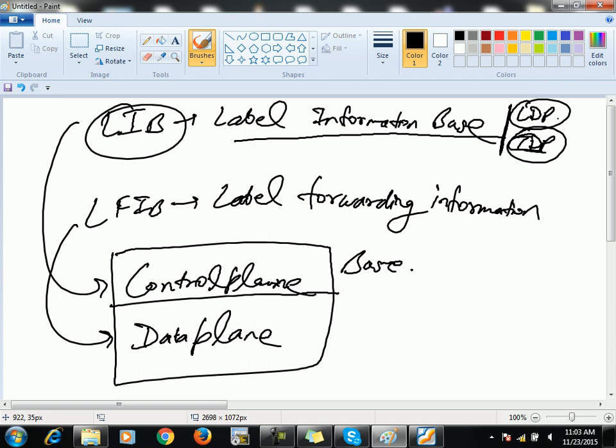LDP will work something like routing protocols. Like routing protocols are responsible for exchanging routes between devices, similarly, LDP will be responsible for exchanging labels between devices.